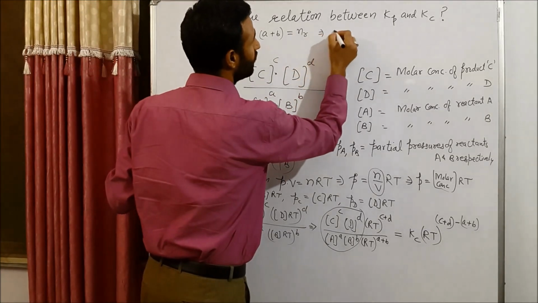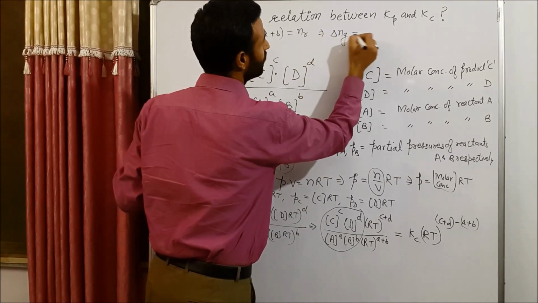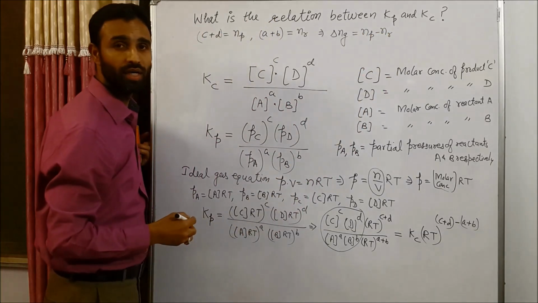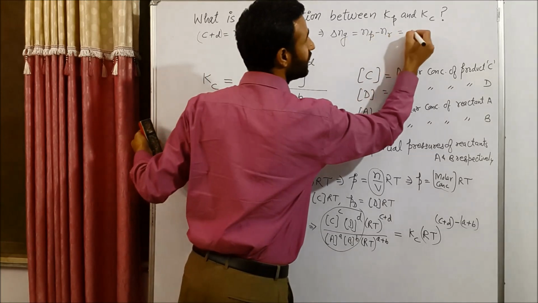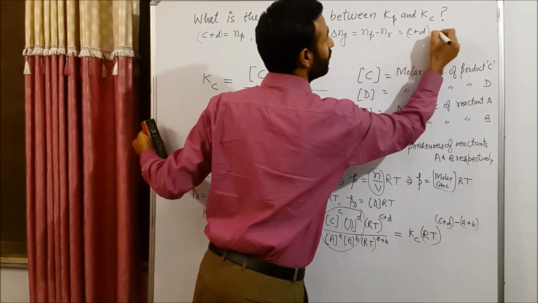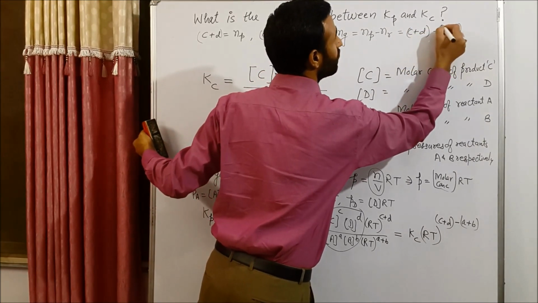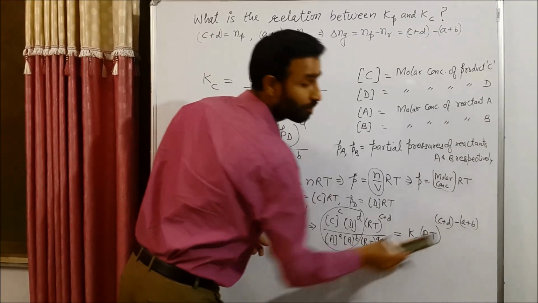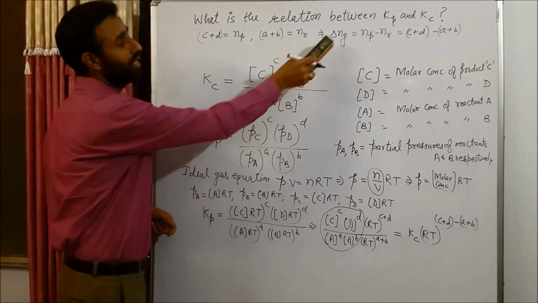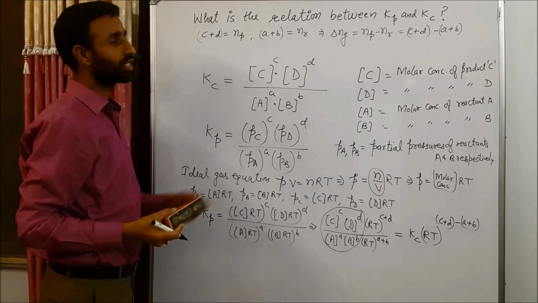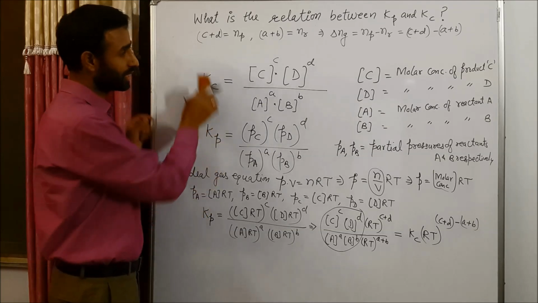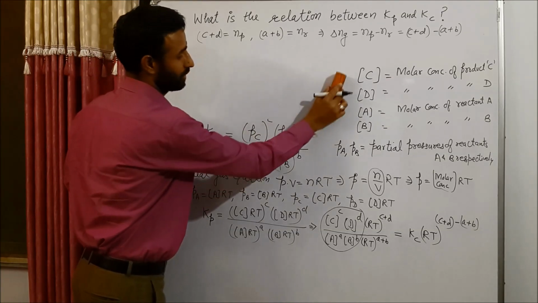In this way, what is delta Ng? This number of moles of product minus number of moles of reactant is called delta Ng, that is c plus d minus a plus b. That means this c plus d minus a plus b is replaced by delta Ng. And what is delta Ng? Change in gaseous moles of reactant and product.